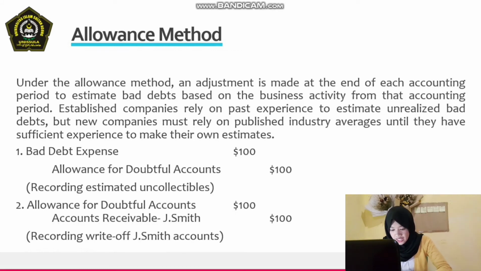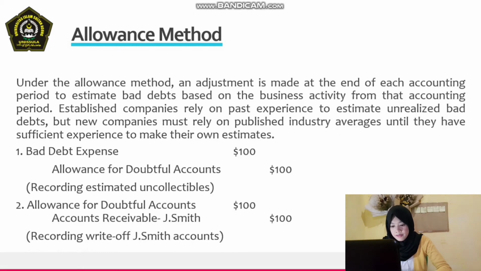Since the specific customer accounts that will become uncollectible are not yet known when the adjusting entry is made, a contra asset account named allowance for bad debts, which is sometimes called allowance for doubtful accounts, is subtracted from accounts receivable to show the net realizable value of account receivable on the balance sheets.